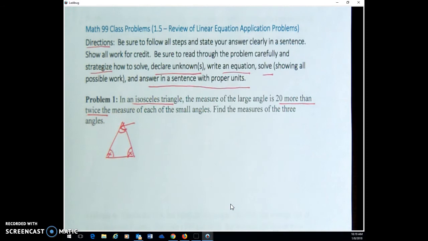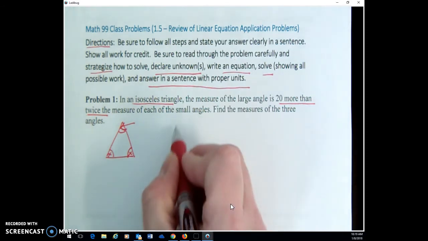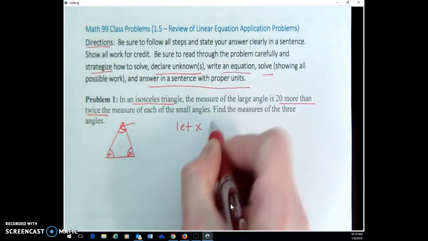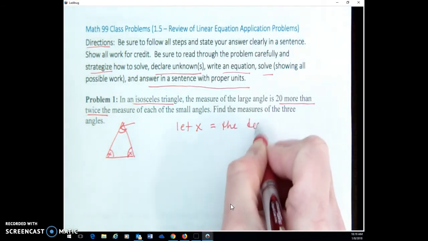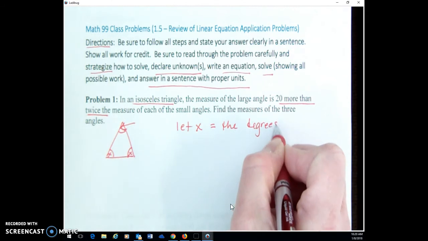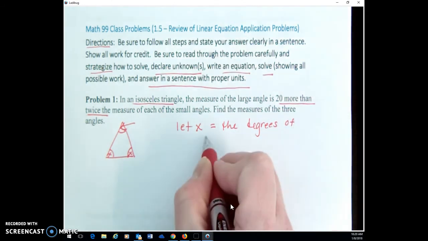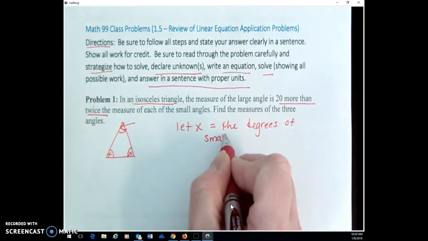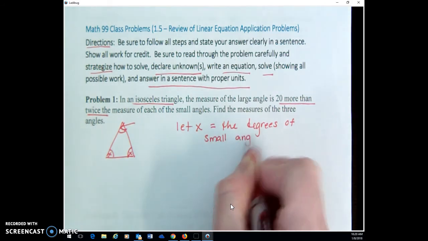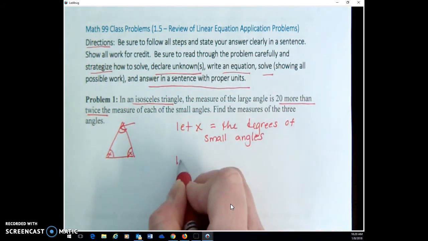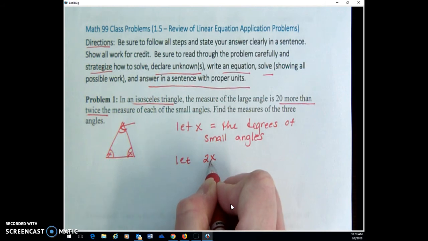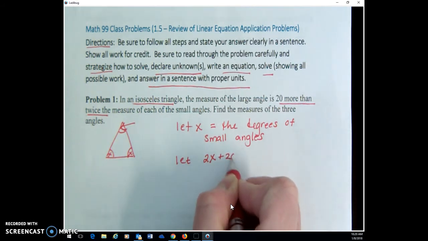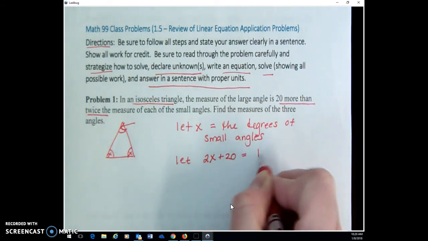Find the measures of all three angles. So we're going to let x equal what we know least about, the degrees of smaller angles. You can abbreviate if you want to. I'm just going to put the small angles. And then in relation to that, we want to let 2x, twice the small, plus 20 more, equal the large angle.